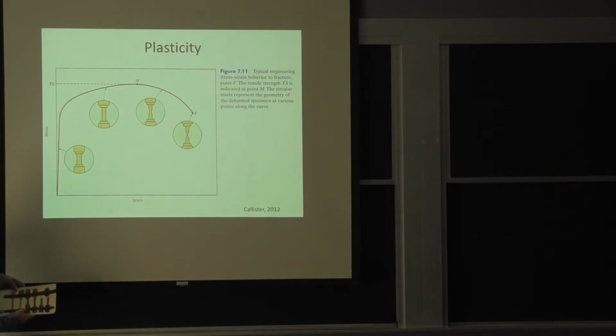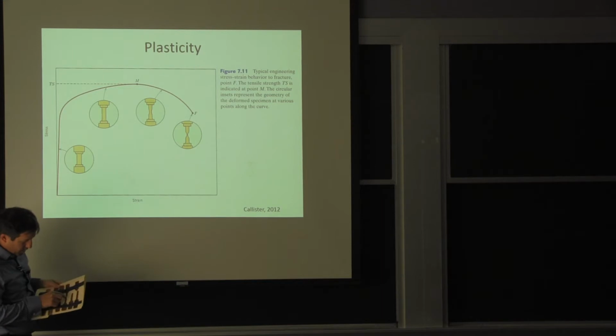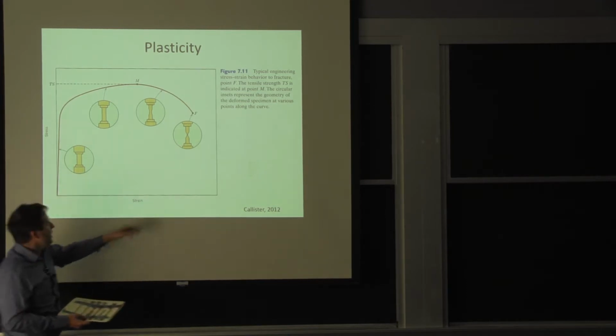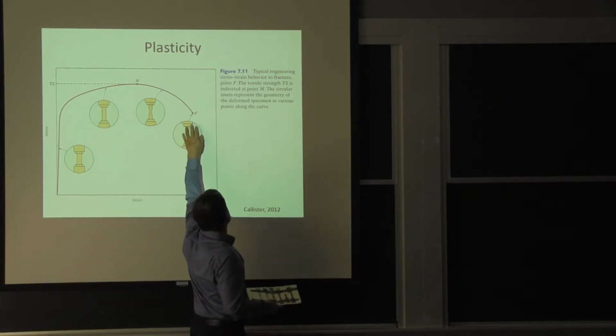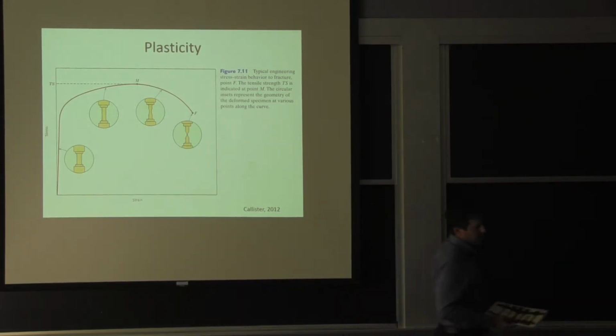And therefore you of course get a value of P, and then all of a sudden you have one area, the area is really shrinking, but it's not taken into account in the calculation of the stress, and therefore it looks like the material is weakening, right? It's going down. And then eventually you have a final fracture, and what we call the elongation at break is after the elastic return there.